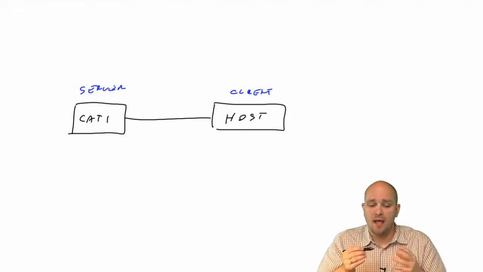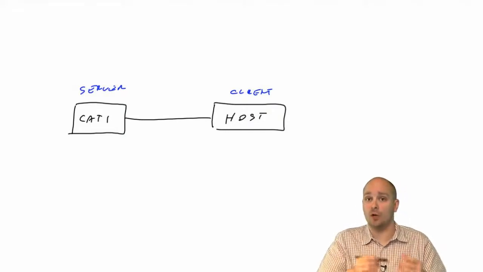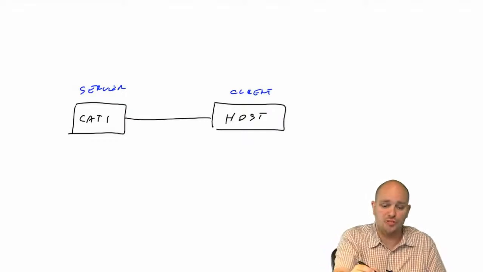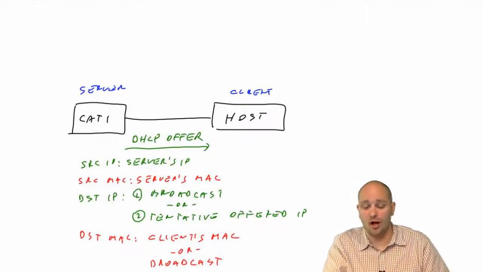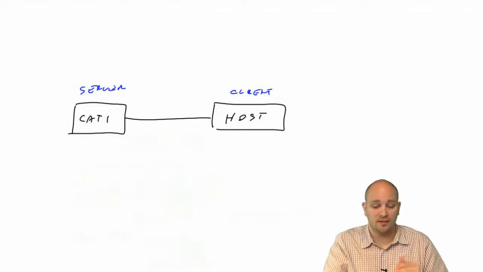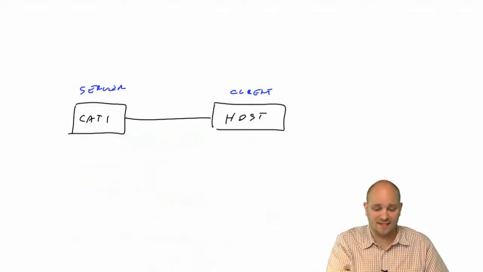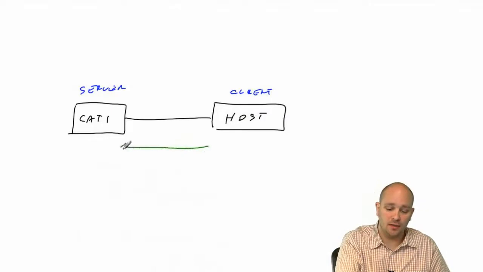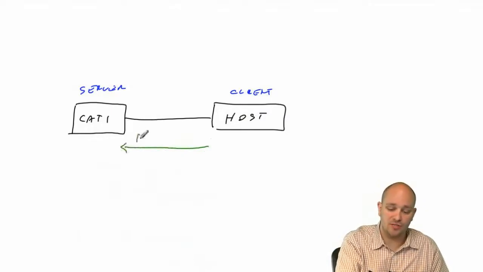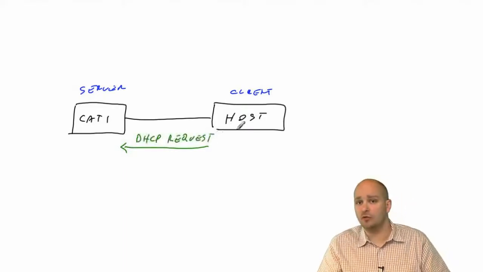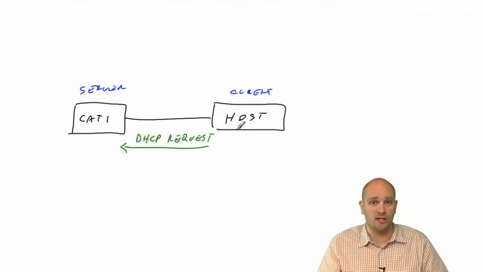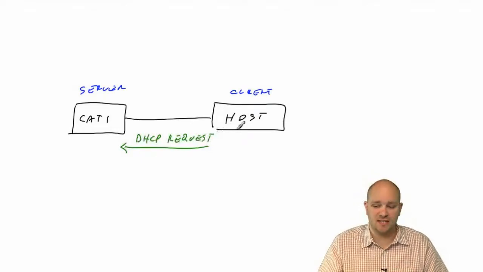Once the host has received an offer message from the server, the host is going to determine whether this is the address that it wants to use, and it's going to respond back. So we are going to answer our offer with the DHCP request. Now our host is going to send a DHCP request message, in which it's basically going to repeat the request, but this time including the IP address it wants to receive.